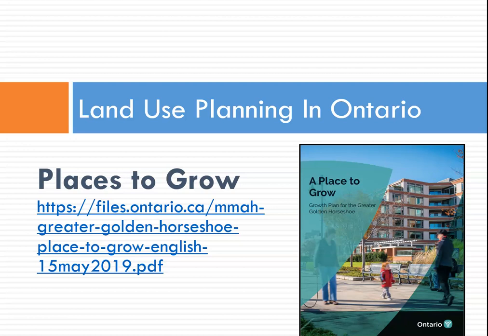I also have my second example, which is Places to Grow, and this particular plan came out around the same time as the Greenbelt Plan, and it's called Places to Grow, and you can access the PDF through this link. Again, relatively new updates to this document, so it's not new.